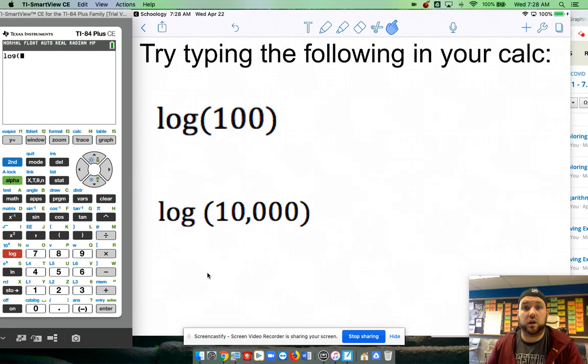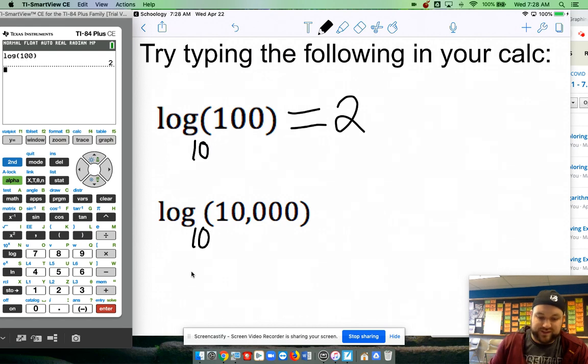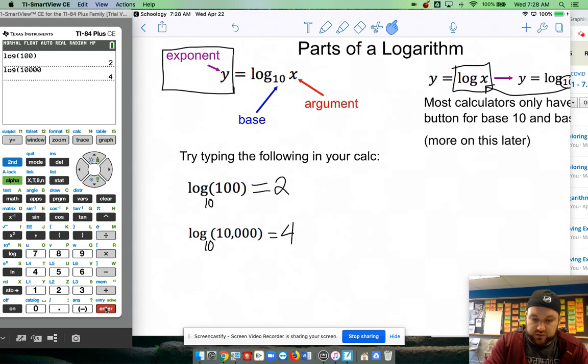What is log base 10 of 100? I do log base 10 of 100. I get 2. And log base 10 of 10,000, I get 4.